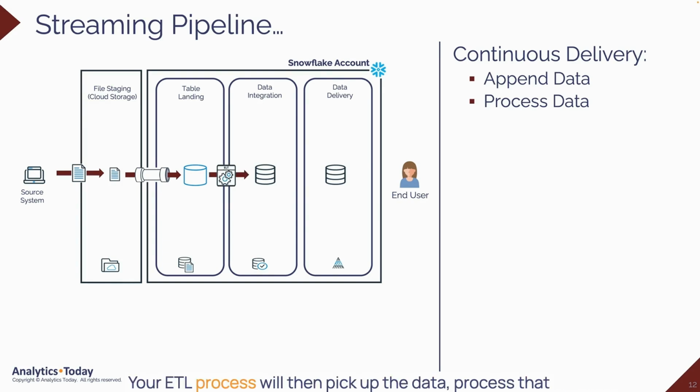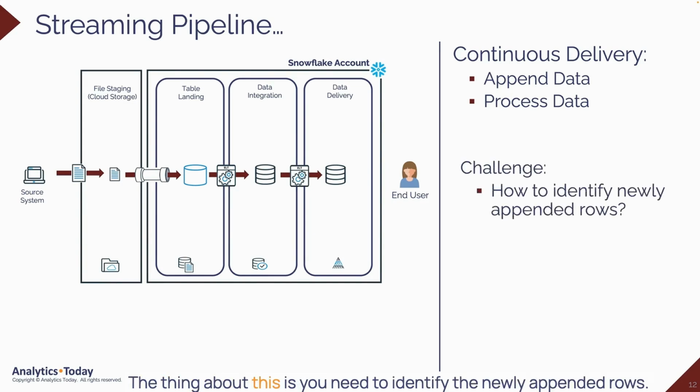Your ETL process will then pick up the data, process that data, and then your second ETL process will load up. The thing about this is you need to identify the newly appended rows. You also need to know when the previous entry is completed.